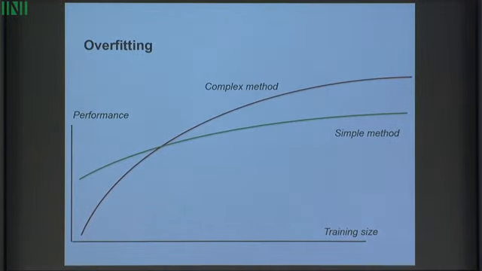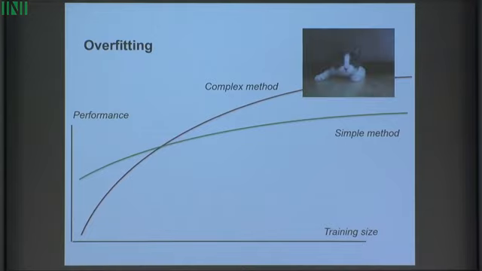And what you then get if you are looking at your performance of your neural network or a different method, it's a function of the training size of your data set. The complex method that you might want to use, that you've been seeing state-of-the-art results on, if you have too little data, perhaps that method will not perform so well because it will overfit on your limited data set that you have.